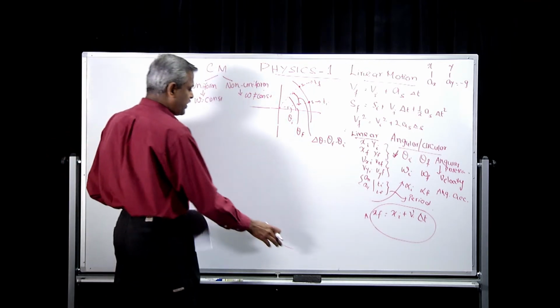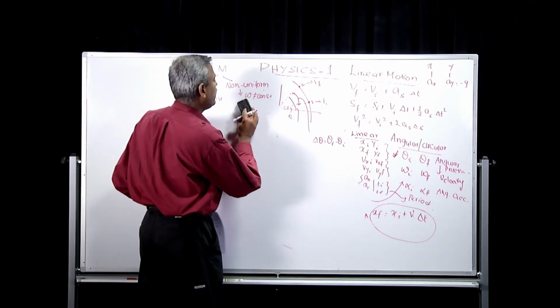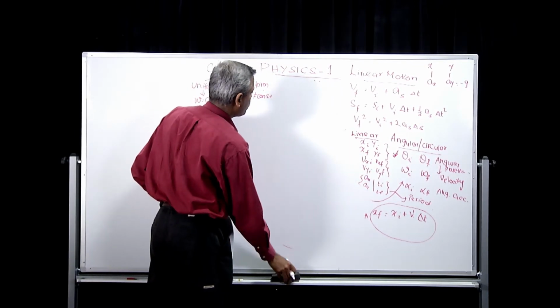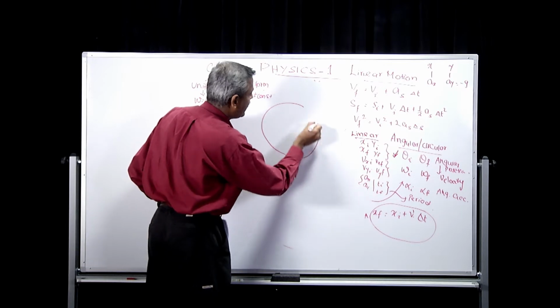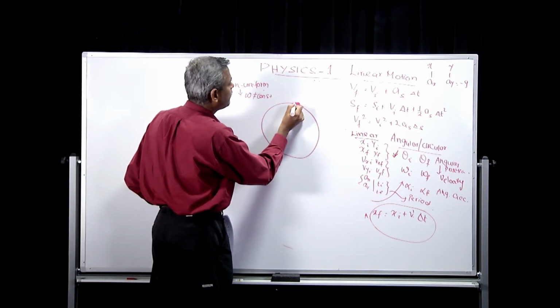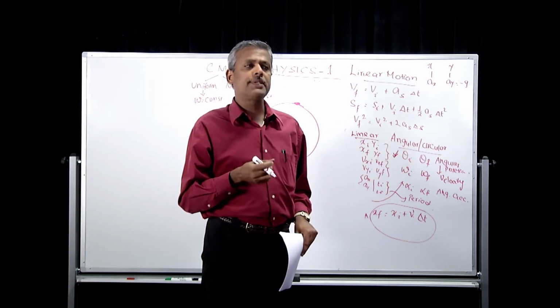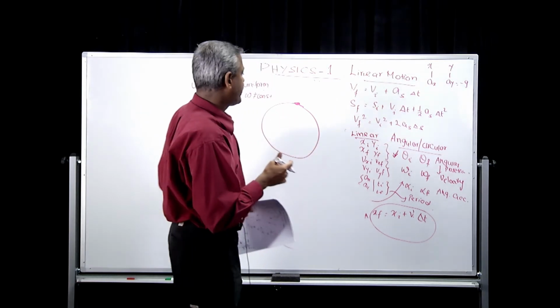So, in the first class we also discussed that if any object is in circular motion, there are two things involved: one is its velocity and also its acceleration.